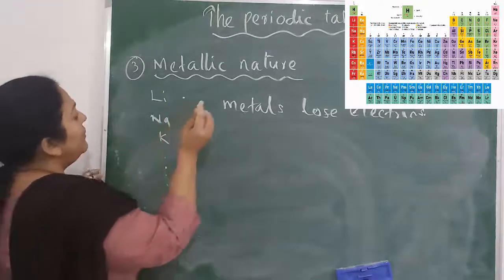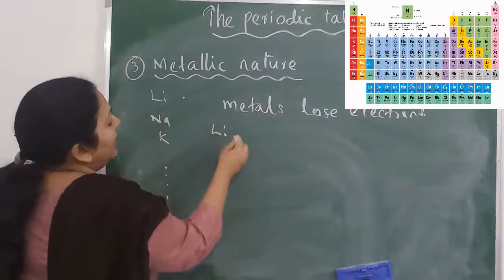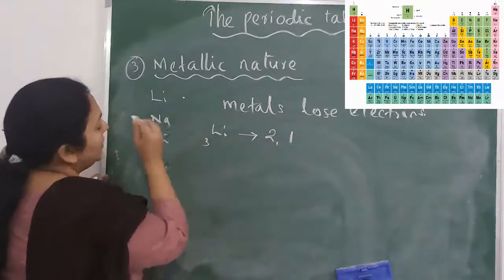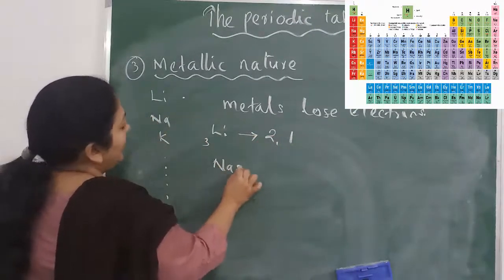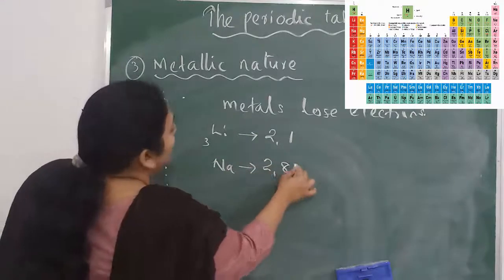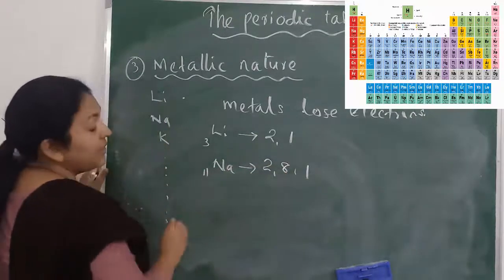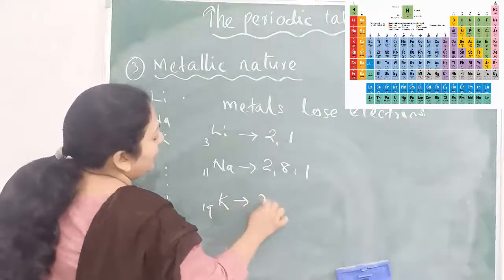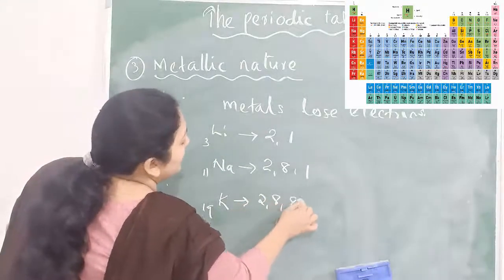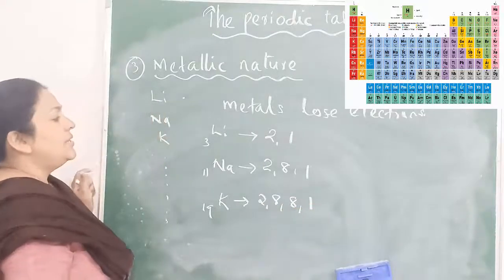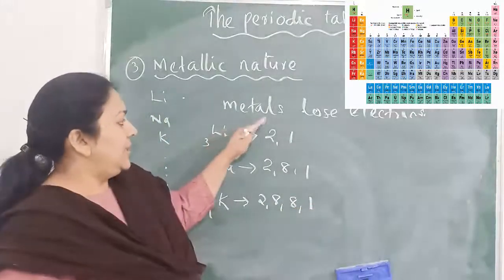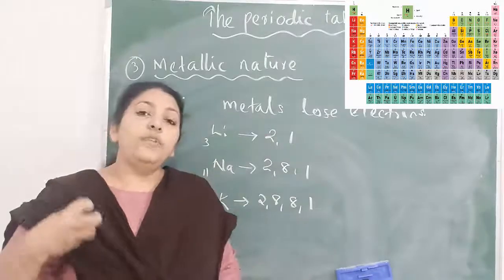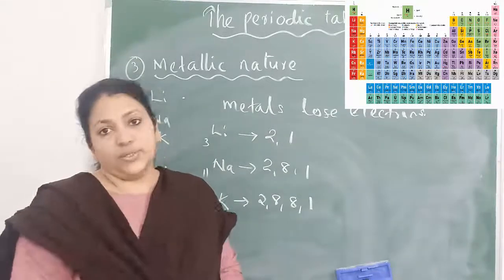Lithium has electronic configuration 2,1 as its atomic number is 3. Sodium has electronic configuration 2,8,1, atomic number 11. And potassium has electronic configuration 2,8,8,1, isn't it? So we know that the valence electrons remain the same. All of them are losing that one electron.